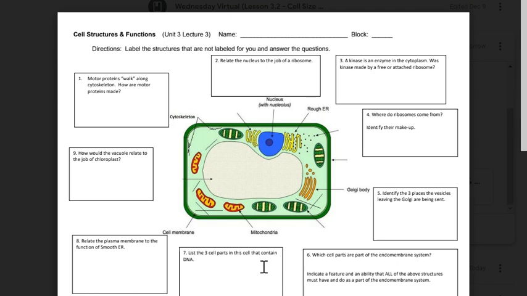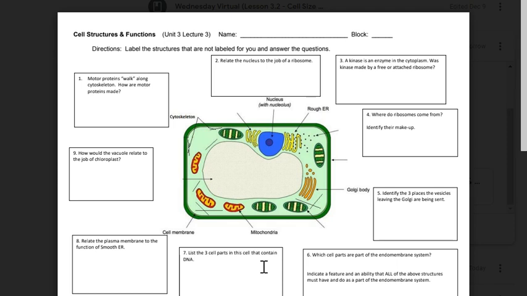It's evidence that their ancestors were once bacteria. Anybody? I'm not going to give you this one.